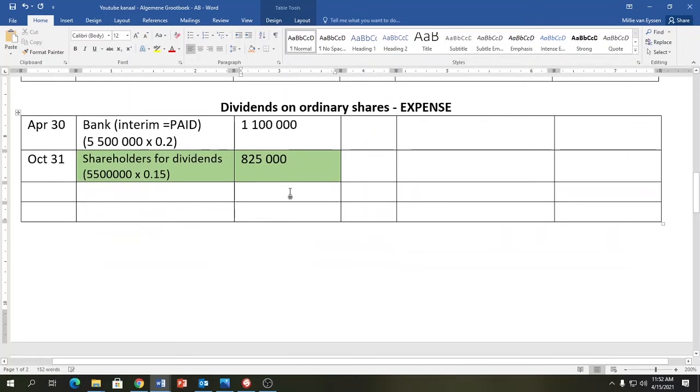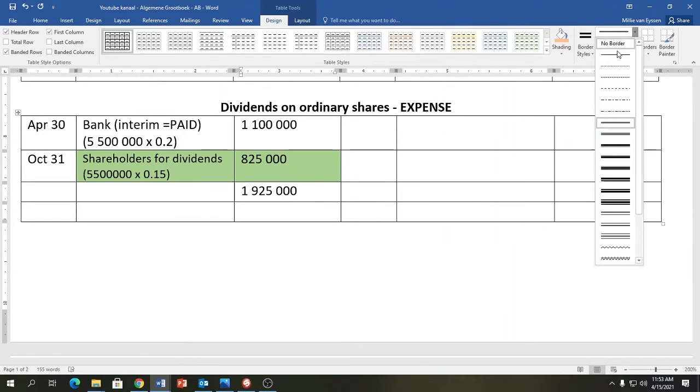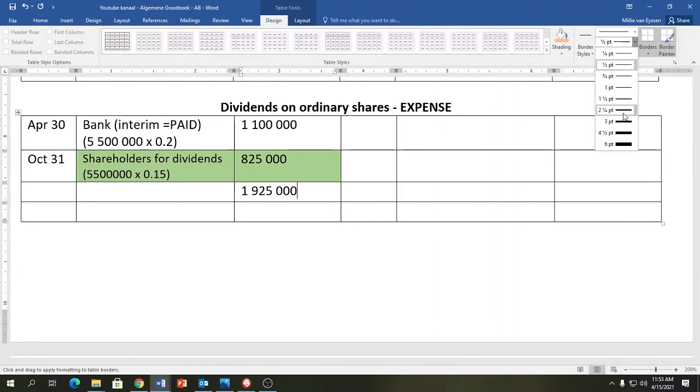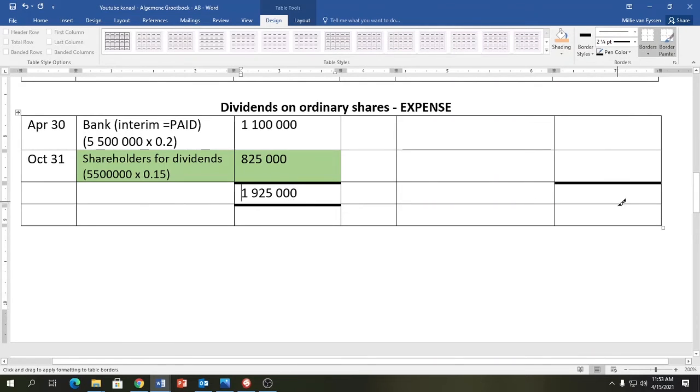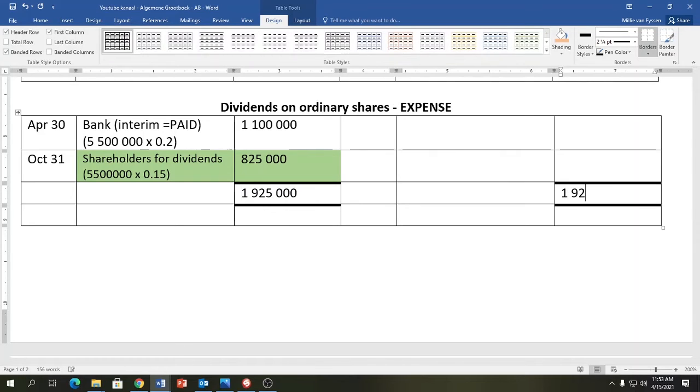So the amount that I'm going to use is all my dividends for the year added together, the one that I pay, my interim, as well as my final dividend. So basically what we're going to do with this account is close it off to the appropriation account at the end of the year.